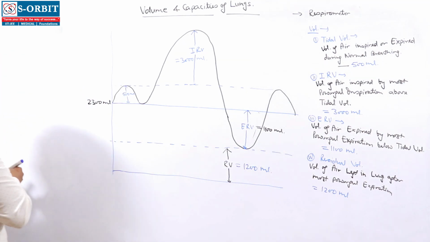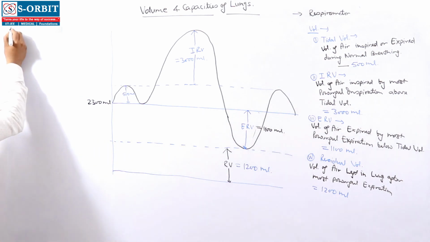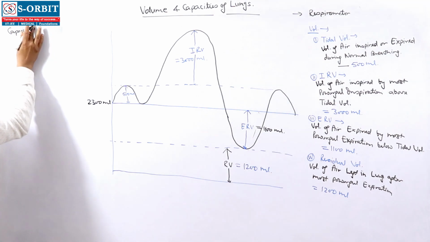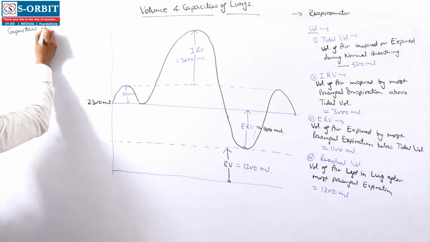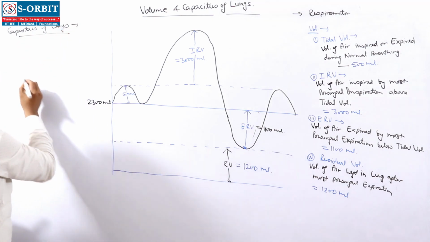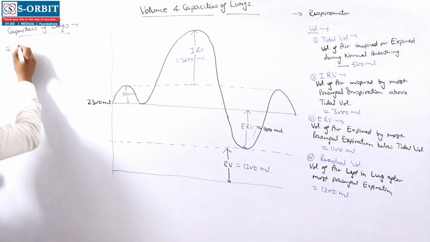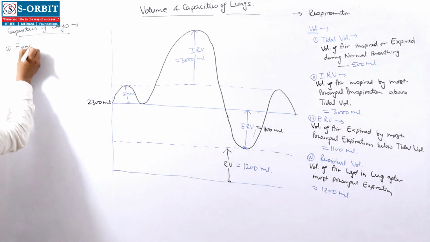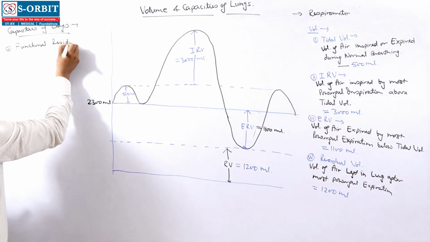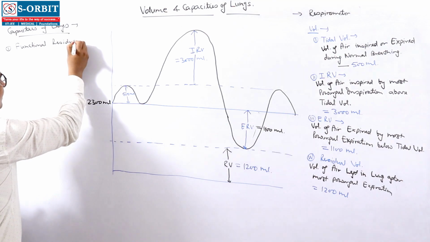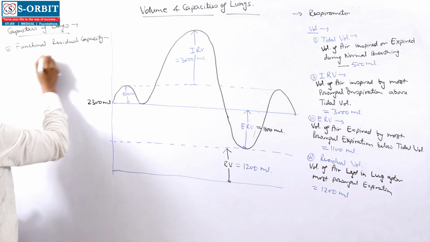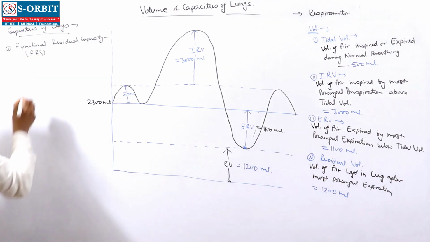So here, if I go to this side of the blackboard, these are capacities of lungs. The first one is functional residual capacity, or in short FRC.